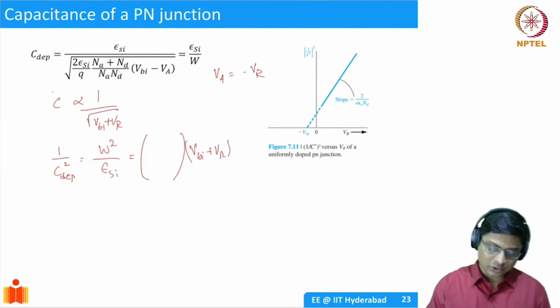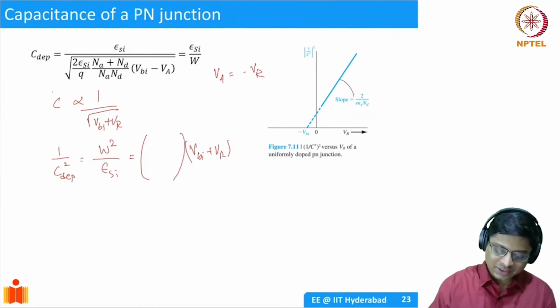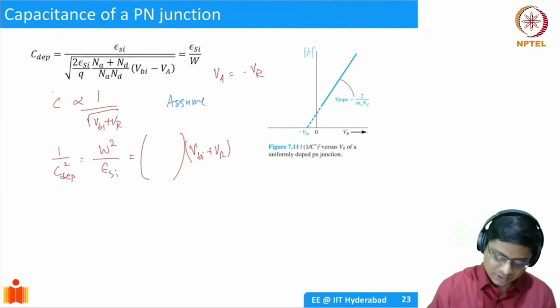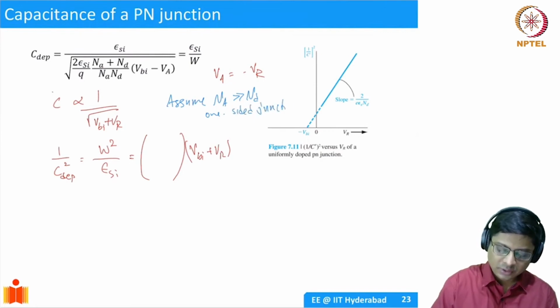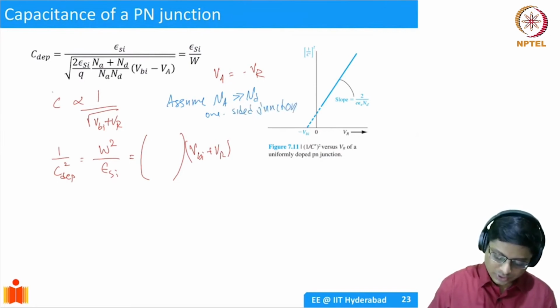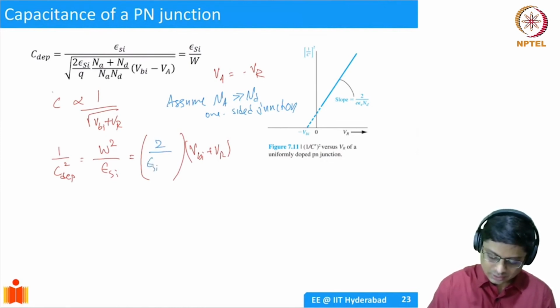We are also making an assumption here, let's assume a one-sided junction. That means, let's assume Na is much, much greater than Nd, a one-sided junction. If you do this, then the slope turns out to be simply 2 by epsilon silicon Q times Nd.